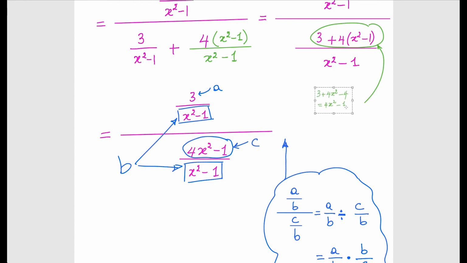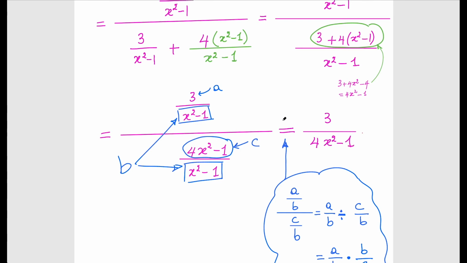Just a second, let me clean up here a little more. Okay, so like this. So one more time, what do we get here? We get equal to A over C, and the A is 3 and the C is 4x squared minus 1.